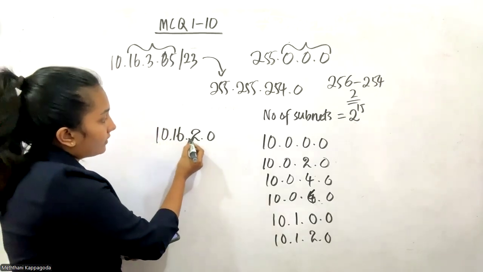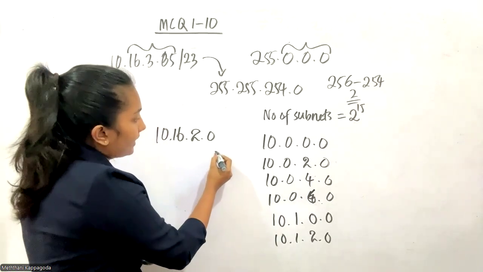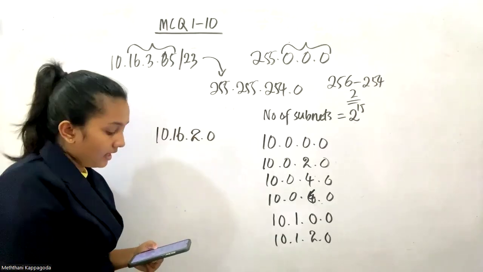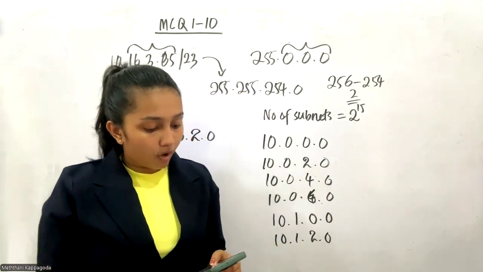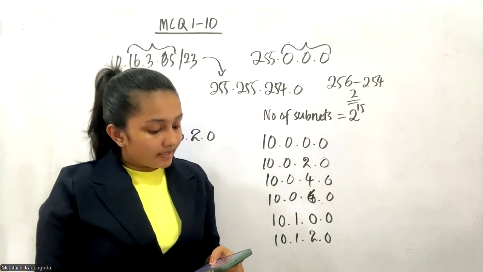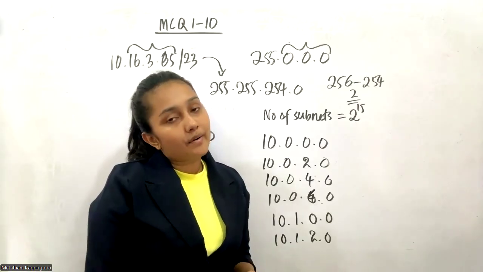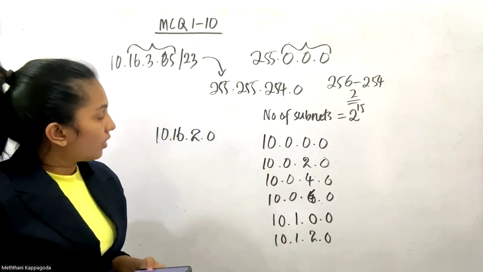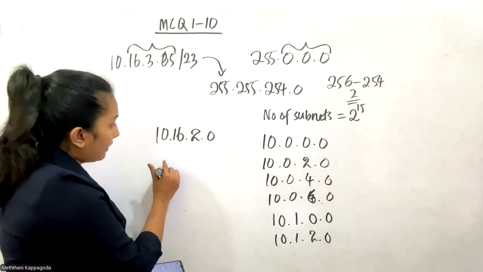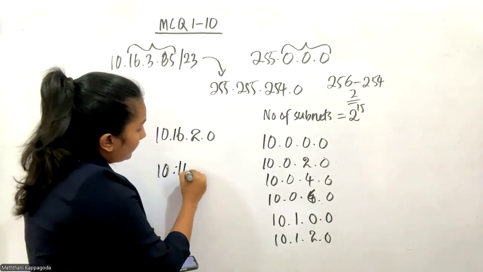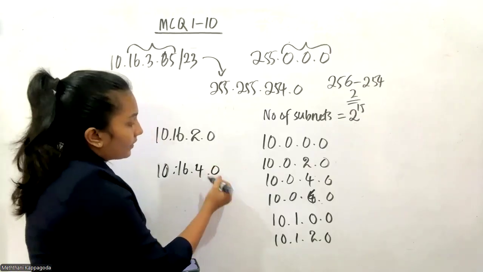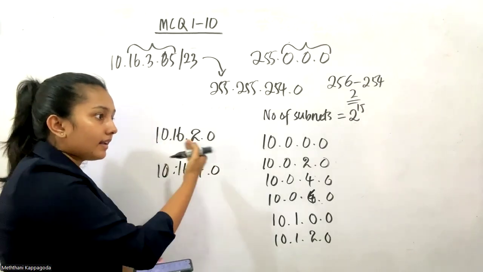Here, 10.16.2.1 is the first host address. Therefore, answer 3 is correct. Then the last valid host is 10.16.3.255. That is also correct, because the next network address is 10.16.4.0. So the address before 4.0 must be the broadcast address, 3.255. Sorry, that must be the last host.